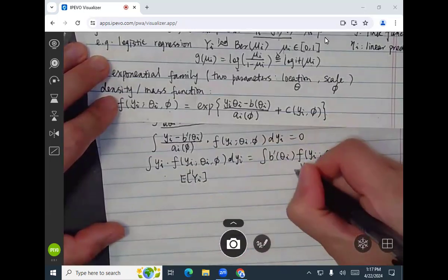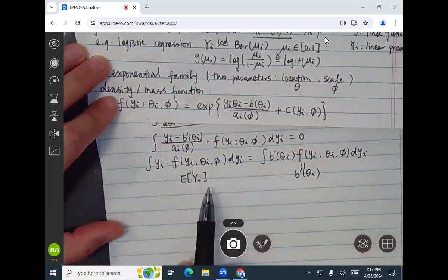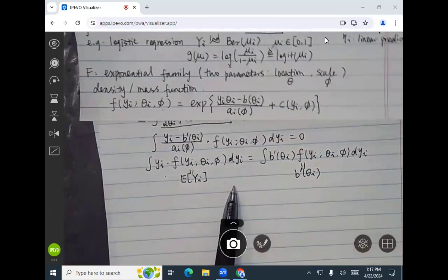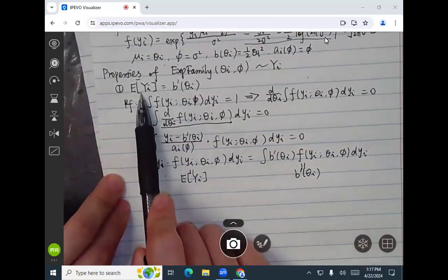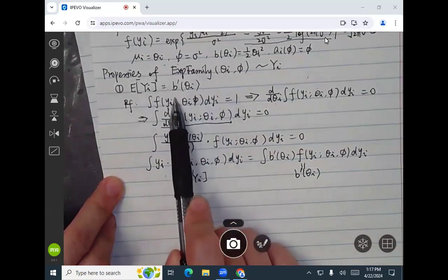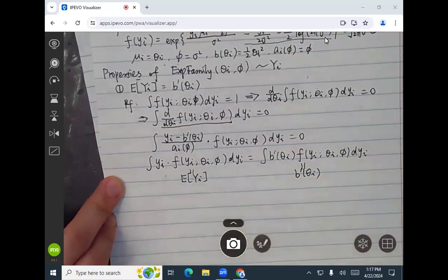So the right-hand side is b prime theta i. And that's exactly what we want for the property. So this is nice because it gives us that the expectation of a random variable that follows an exponential family only depends on the location parameter, not the scale parameter.